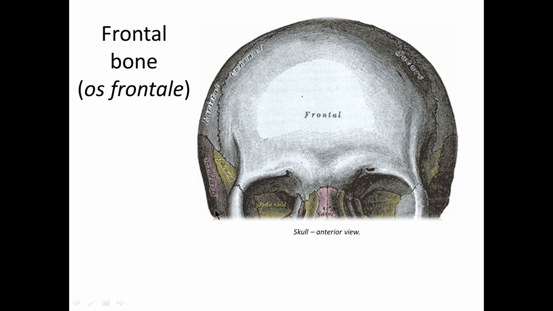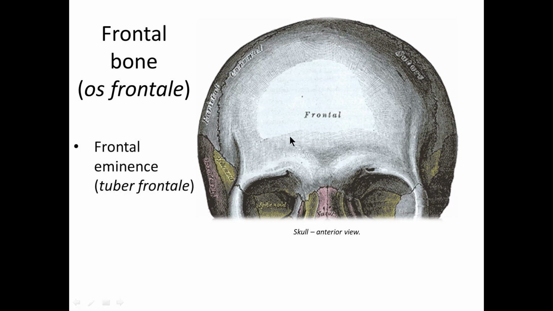As always, let's discuss each bone separately, and we'll start with the frontal bone. We're looking at its outer surface. When moving your fingers over your own cranium, you can sense certain protuberances or bumps.